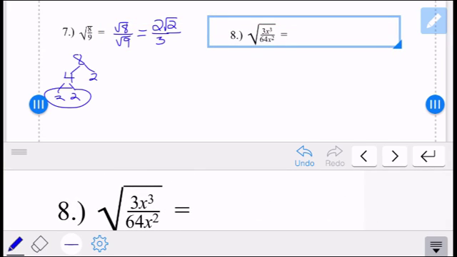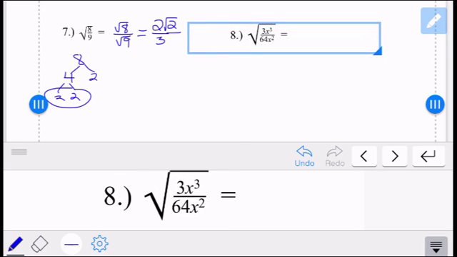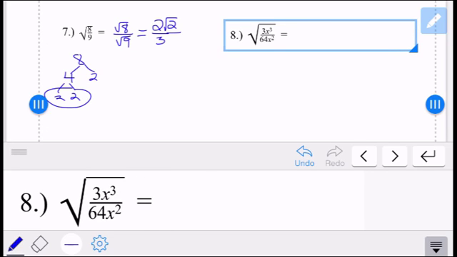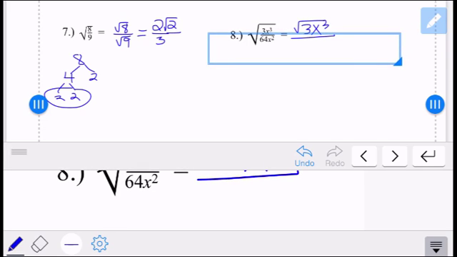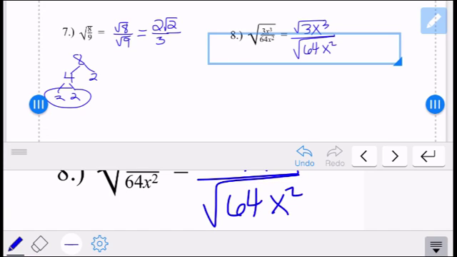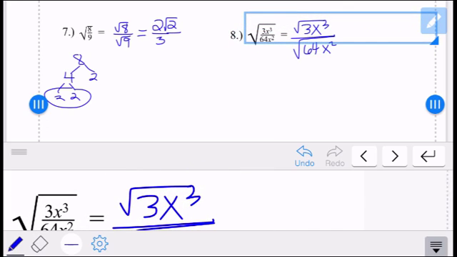One more here. Square root of all of this mess. If you can, you might want to try to simplify some of the stuff that's inside of there. Or we could just go ahead and split it up from the beginning. Either way is fine. So I'm going to just split it up. I'm going to take the square root of both parts. All right, so 3x to the 3rd.